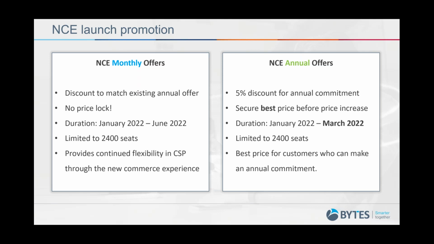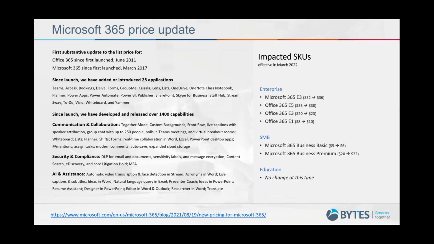I mentioned the price increase. Let me just talk about it quickly. So the commercial price increase is only on specific Microsoft 365 and Office 365 SKUs. So you can see on the screen, on the right-hand side there, there's 6 part codes which are affected by this.